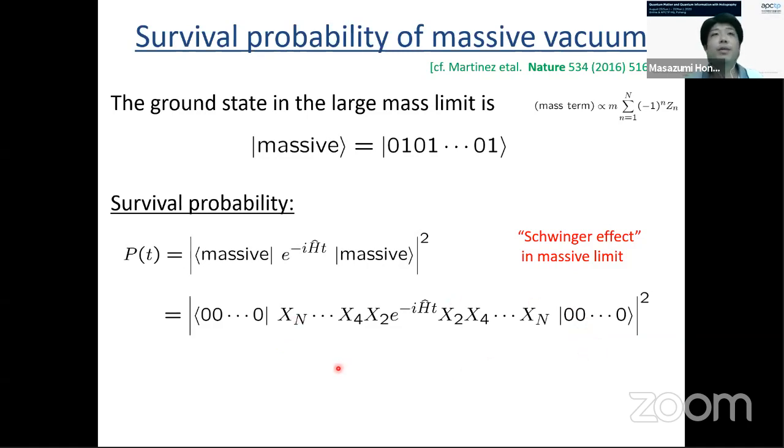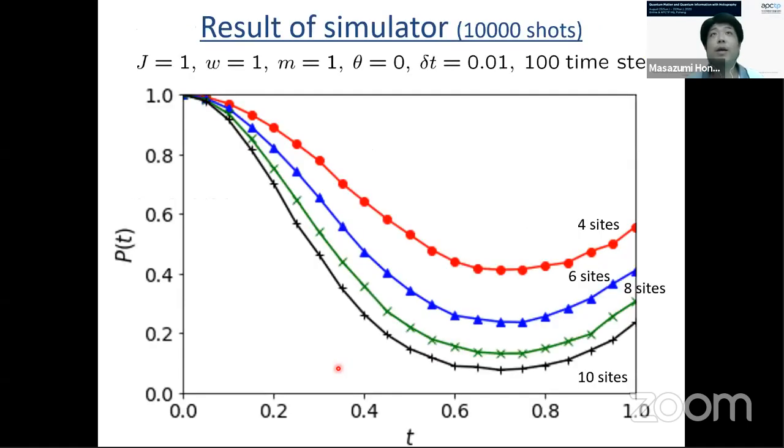So we can compute the survival probability of the massive vacuum. And this is a result of the simulator. I'm plotting the survival probability as a function of time. So as in the Ising model, we have decreasing behavior and restoring behavior because of the finite volume effect.